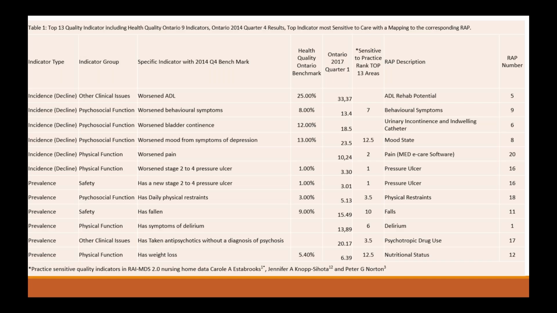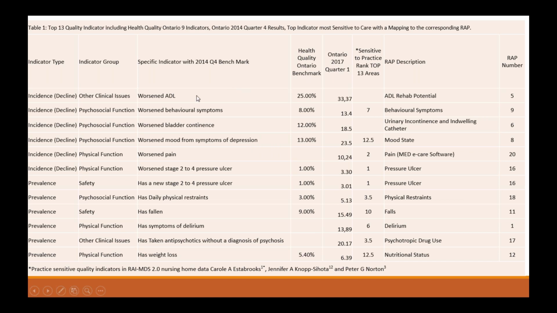Now, before we move on, I just want to review a little bit of something for you here. You can see here I've listed out 13 of the indicators. And on these 13 indicators, you can see I'm showing you what the gold standard is that was set by Health Quality Ontario.